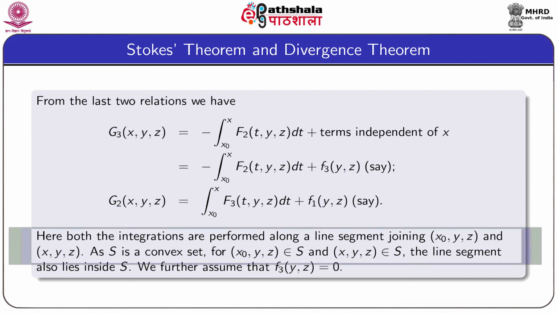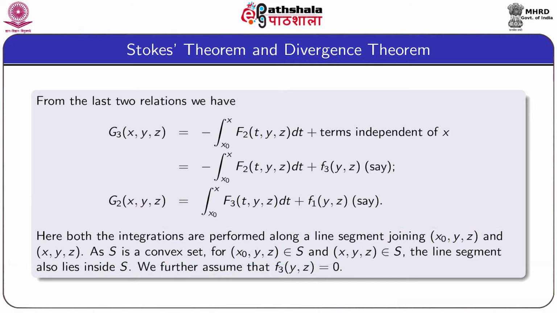Here both the integrations are performed along a line segment joining (x0,y,z) and (x,y,z). As S is a convex set, for (x0,y,z) in S and (x,y,z) in S, the line segment also lies inside S. Now we make another assumption that f3(y,z) is 0.